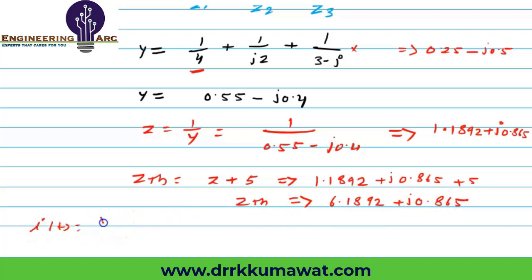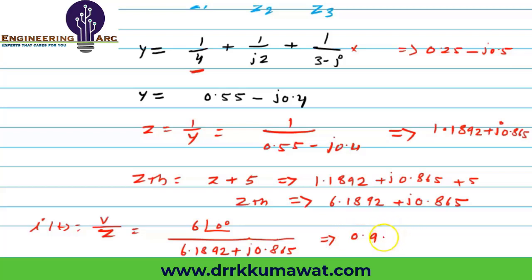Now calculate the value of I of t. I of t equals V upon Z. Here V is 6 angle 0 degrees, upon 6.1892 plus j0.865. By solving this equation, the value of current I of t equals 0.96 angle of minus 7.956.